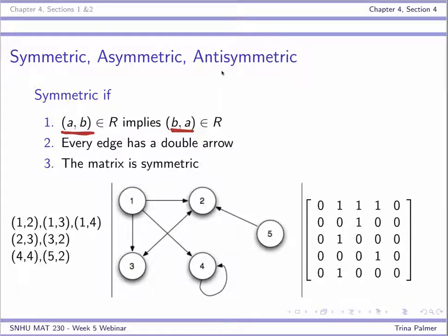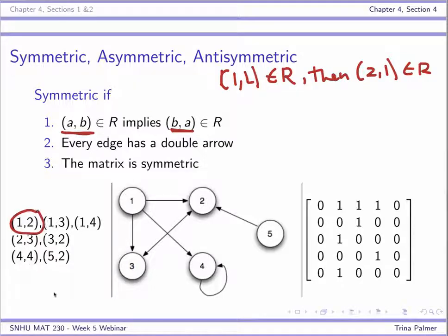For example, if 1, 2 was in my relation, then 2, 1 would also have to be in my relation. 1, 2 is in my relation, but 2, 1 is not, so it's not symmetric.